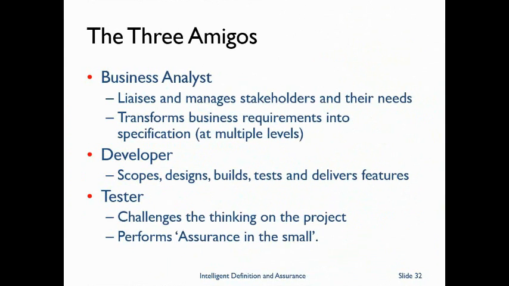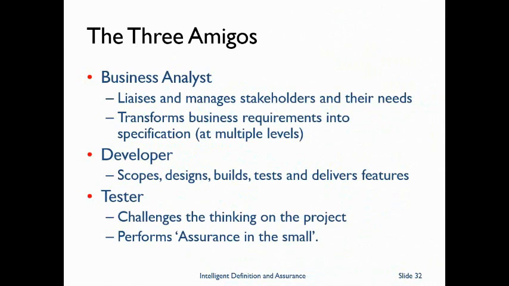Now, I've summarized the three amigos on one slide. So the three amigos are the BA, the developer, the tester. The BA does what BAs do. They liaise and manage stakeholders and their needs and are most usually responsible for capturing the requirements knowledge, looking for the patterns and channeling it into the project so it becomes implementable.